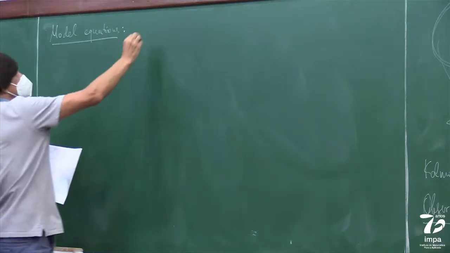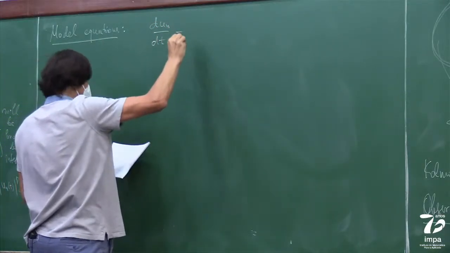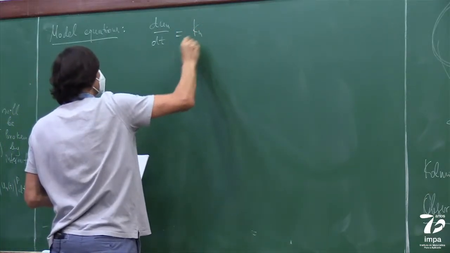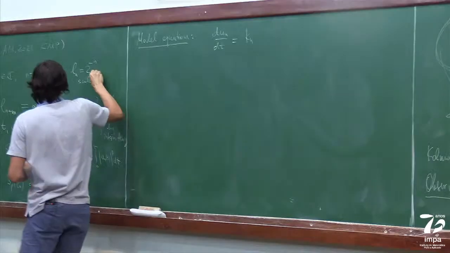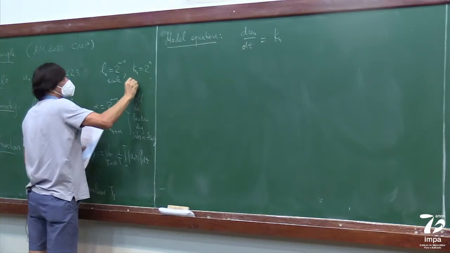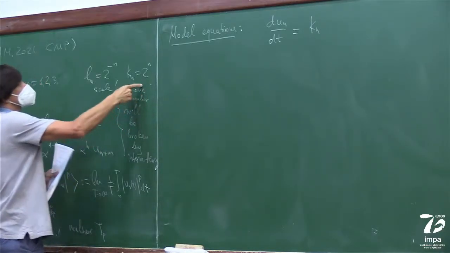So we have to write the equation for u_n, and it involves k_n. Let's define k_n as 2 to the power n. So this is the wave number, the inverse of the scale.